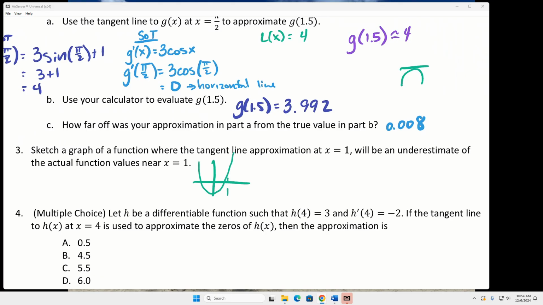It could do all kinds of other stuff, other places, but I just drew a really easy one that was concave up. Because the tangent line there is going to fall below. I didn't draw a great tangent line, but right, and then one more question.